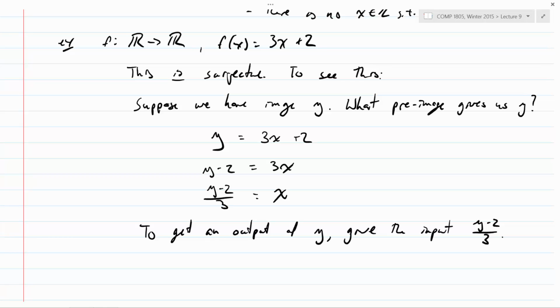Is it important that f goes from the reals to the reals here? Yes. So what if it went from the integers to the integers? Is it going to be surjective even? Would I ever be able to get the answer 1?